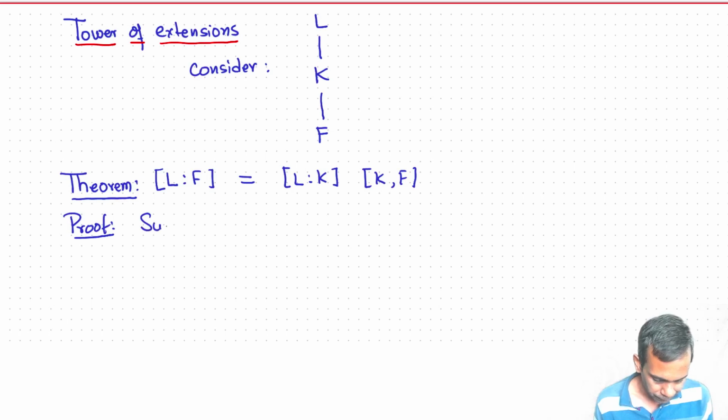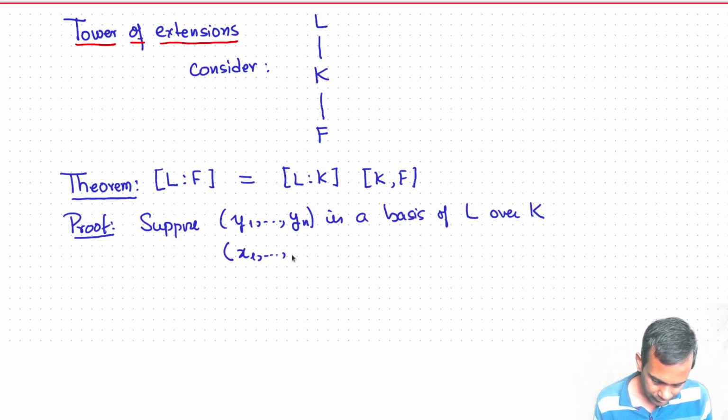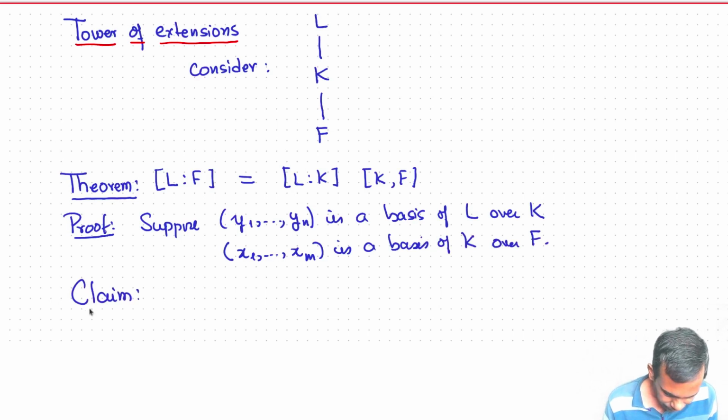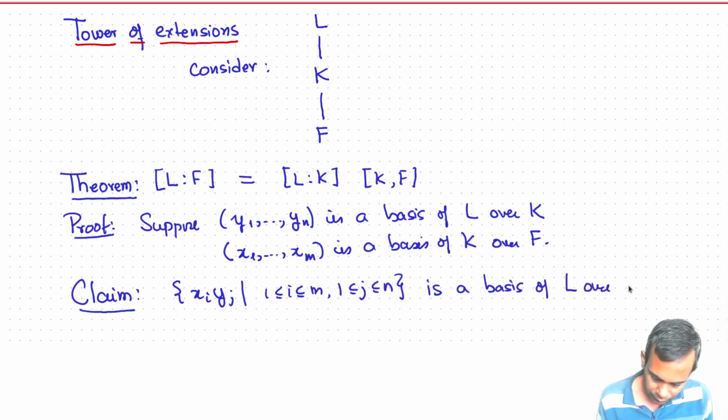So suppose y1, y2, up to yn is a basis of L over K, and these are all elements of L. And x1, x2, up to xm is a basis of K over F. My claim is that if you look at the set xi yj, where i goes from 1 to m and j goes from 1 to n, then this is a basis of L over F. You can try to prove this as an exercise.